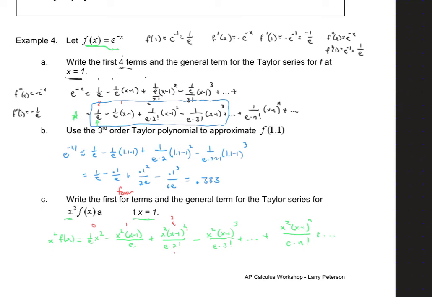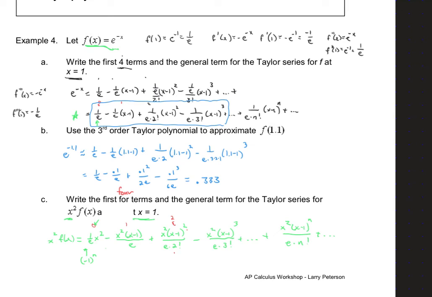Oh, and I need to alternate the sign. I forgot that. This was a positive, then a negative. So we can get the alternating sign by using negative 1 to either the n or the n plus 1, whichever is going to match. I would start with n and say, if I plug in 0 for n, is that going to give me the correct sign?